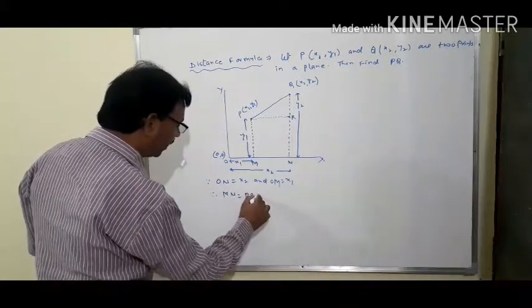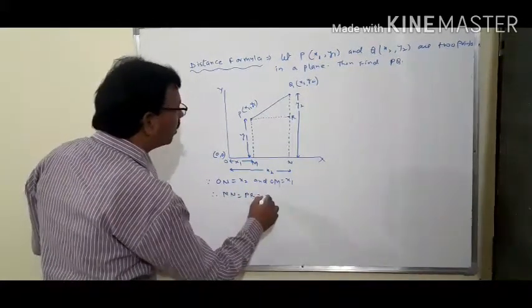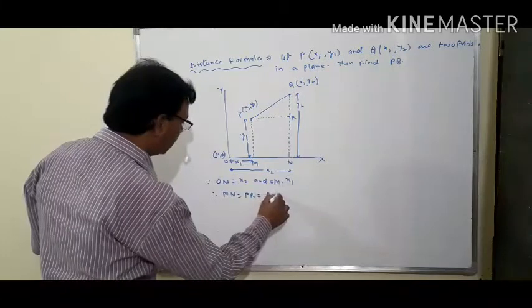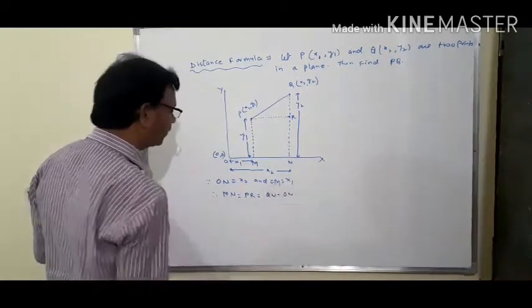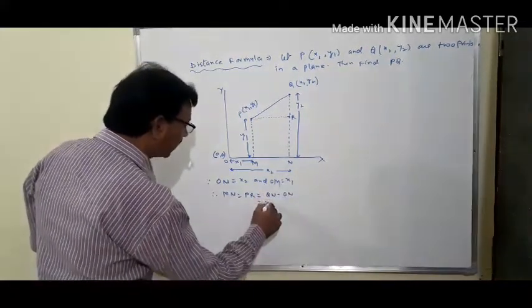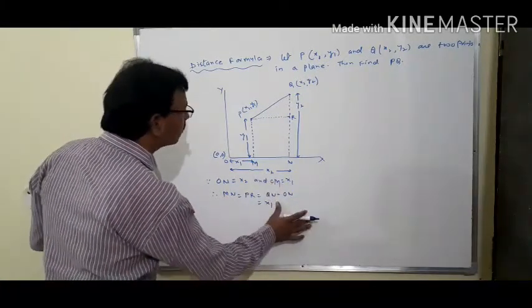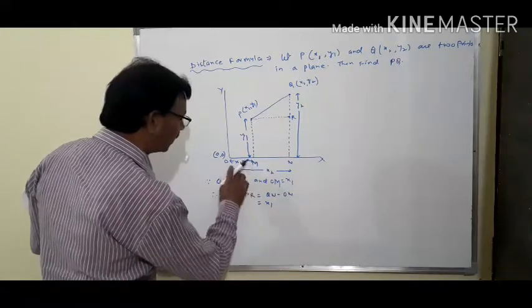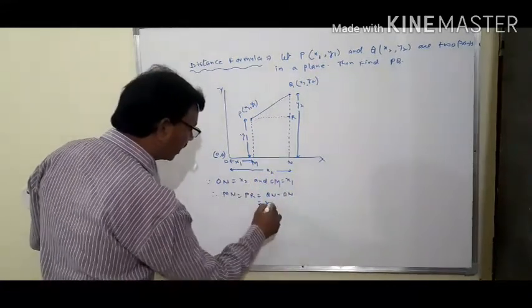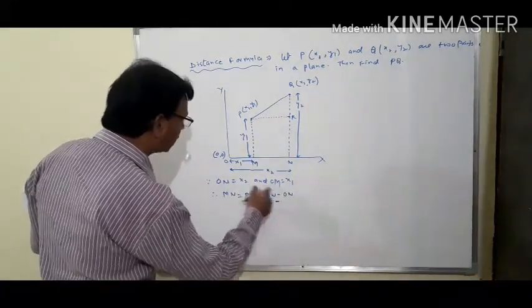PR equals ON minus OM, that is x2 minus x1.